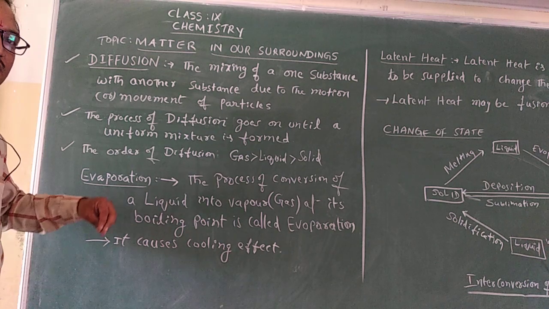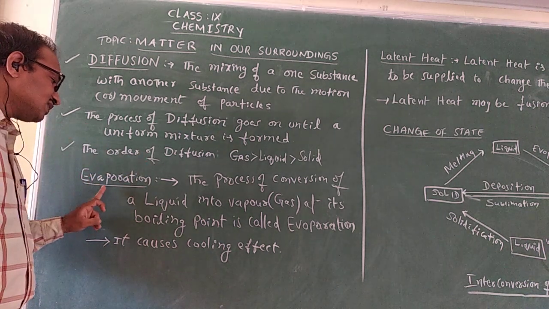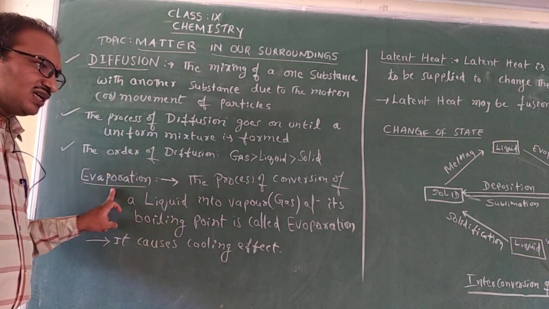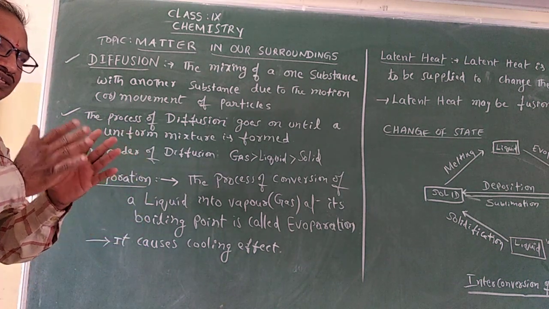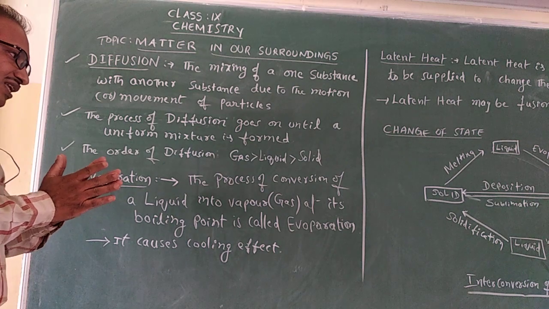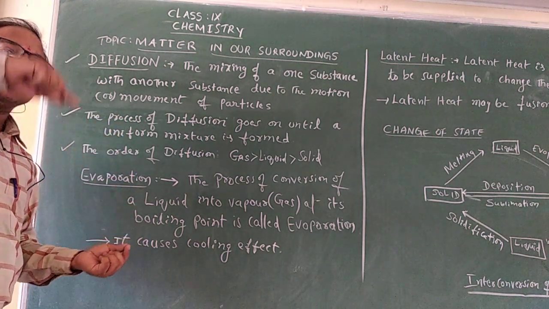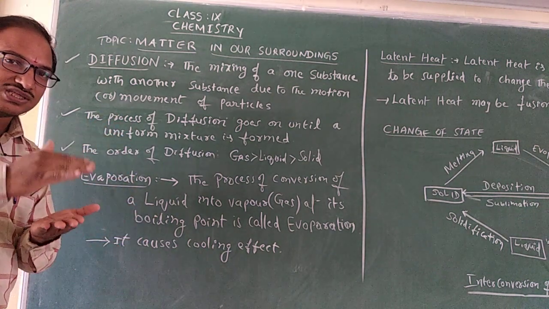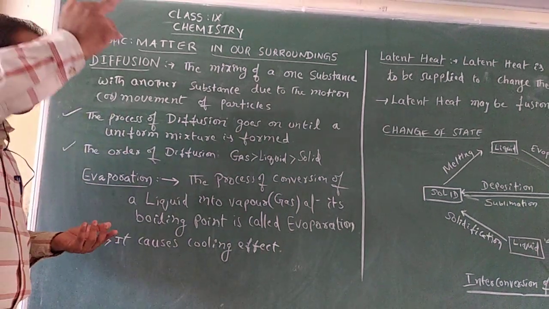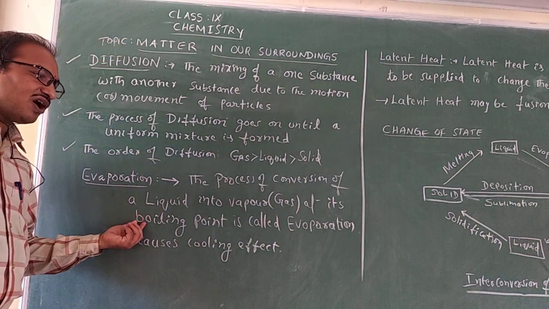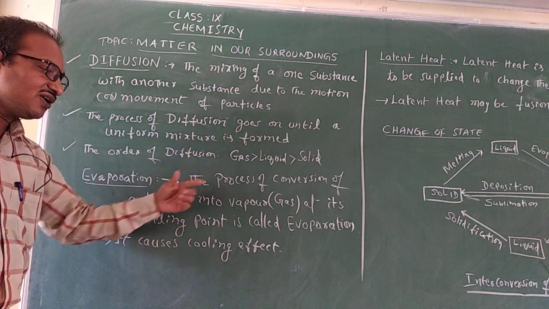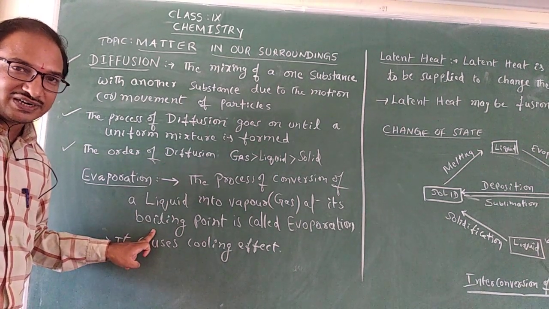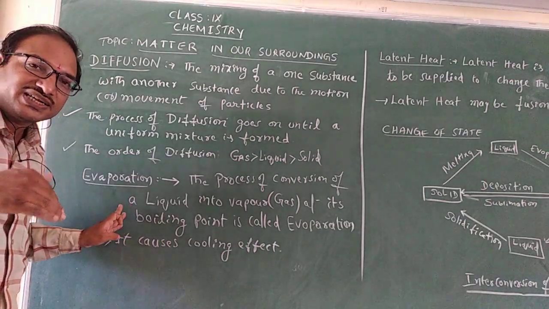Okay, right? Now the next topic is evaporation. Evaporation is a physical process: the process of conversion of a liquid into vapor at its boiling point. Now, what is evaporation?